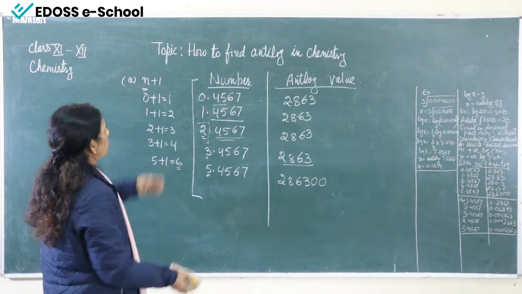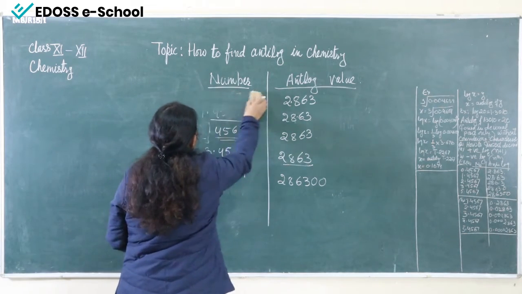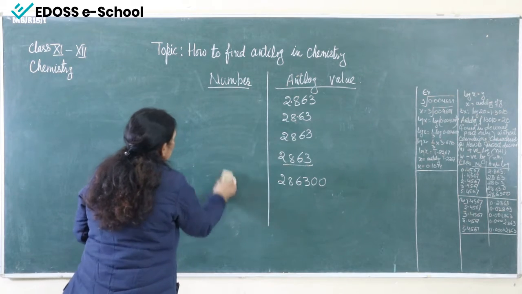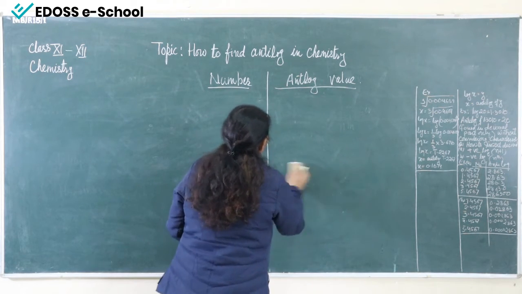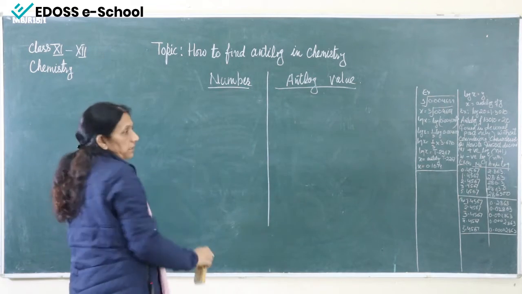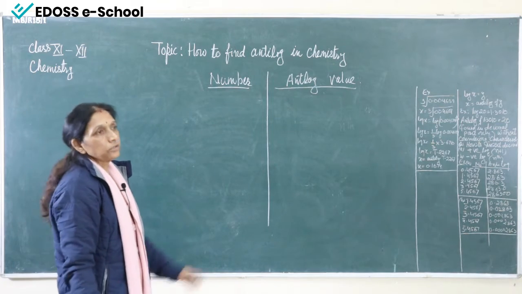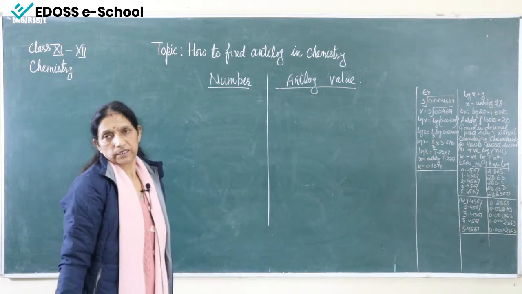Now, for the second rule, if the number is negative. Now see here, the number is negative. This is very important because only with the help of these values you can solve your numericals. Now we are taking negative numbers.